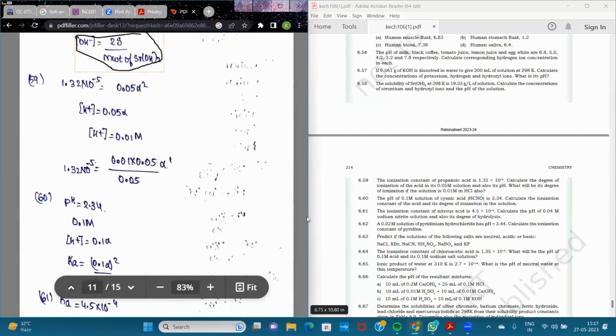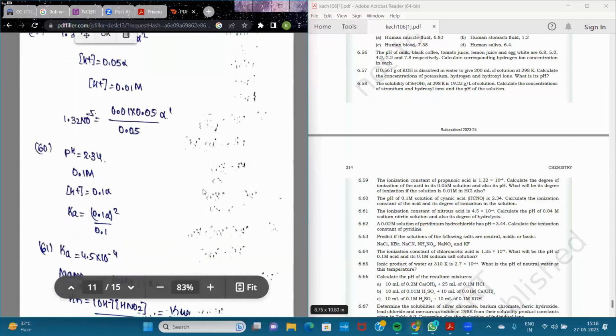The ionization constant of propanoic acid is given. Calculate the degree of ionization of acid in 0.05 molar solution, also its pH. What will be its degree of ionization if the solution is 0.01 molar in HCl also? Here, the ionization constant is given and concentration is also given.